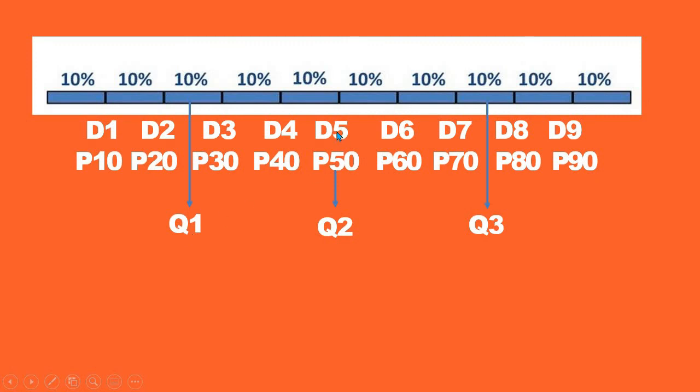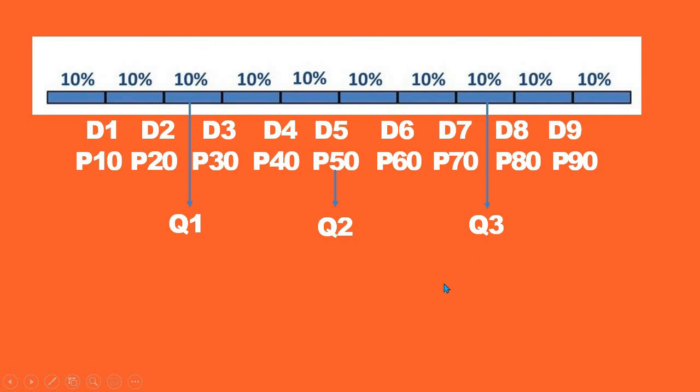And D5 or P50 is the median or the second quartile. And D7 is the same as P70, D8 is the same as P80, and between D7 and D8, or P70 and P80, that is our third quartile.